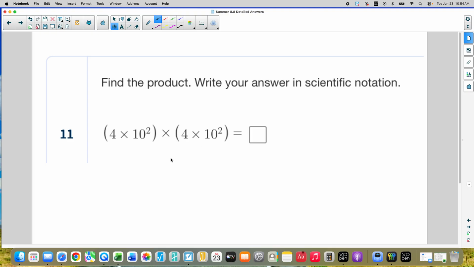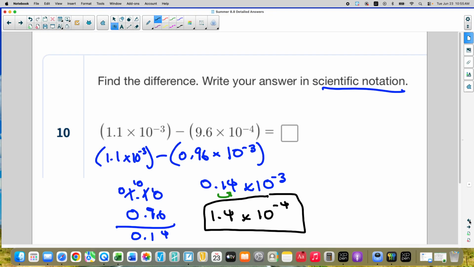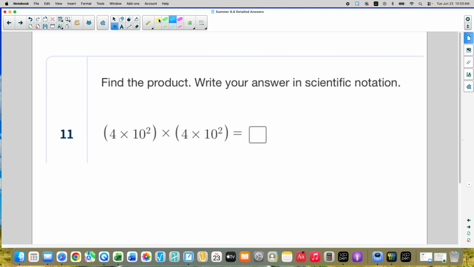Find the product. It's only when we add and subtract that we need the same base. Adding and subtracting, you have to have the same base 10 number, the same exponent. When we multiply, we don't. You can just multiply because this is really 4 times 10 to the second times 4 times 10 to the second.